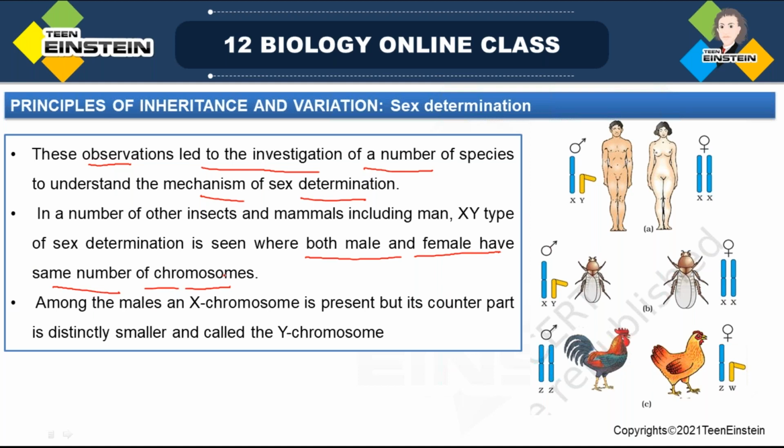In male, an X chromosome is present, but the counterpart is distinctly smaller and is called the Y chromosome.